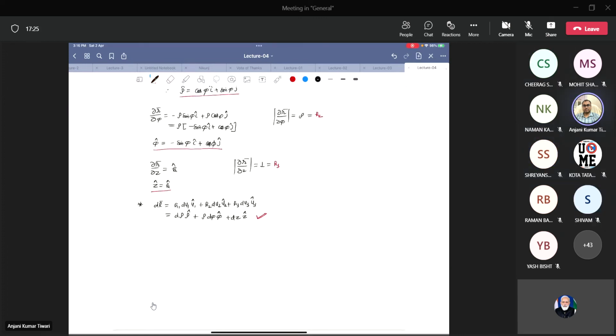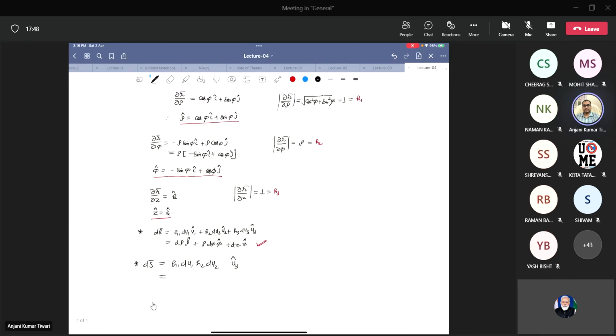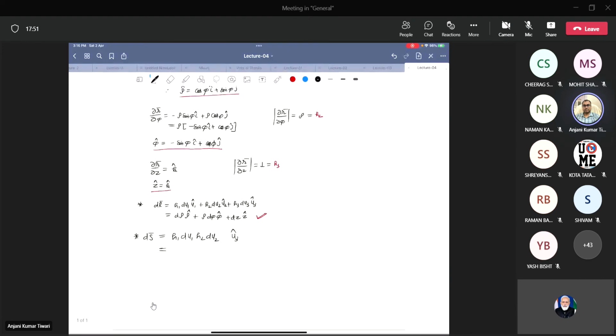So now let us look at ds. ds will be h1 du1 h2 du2. This is the magnitude, and of course if you want to write it down, it will be in the direction u3 cap. So that will be rho d phi dz, in the direction z cap.